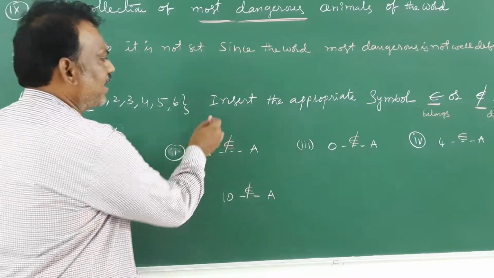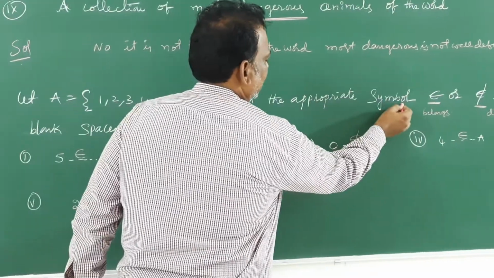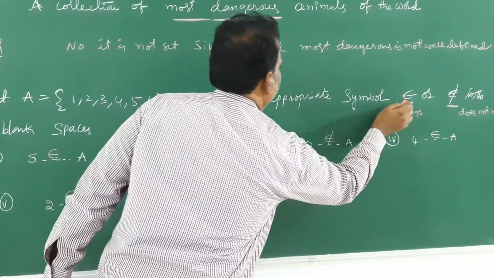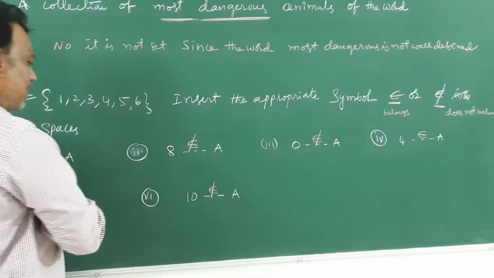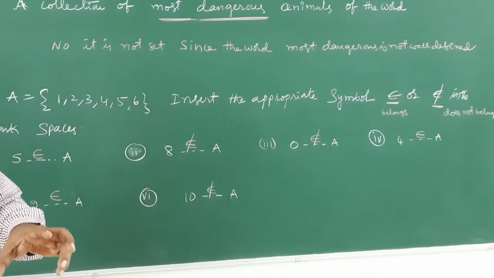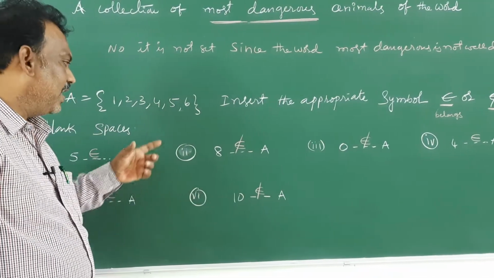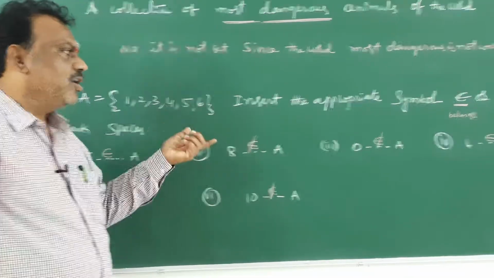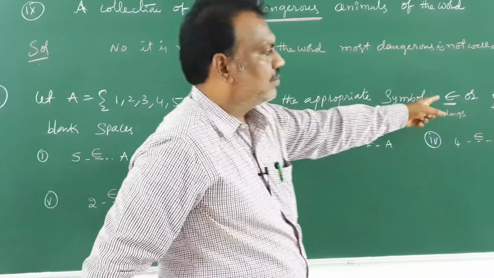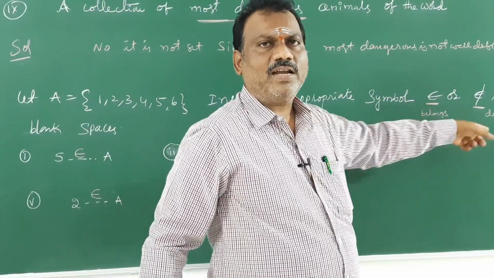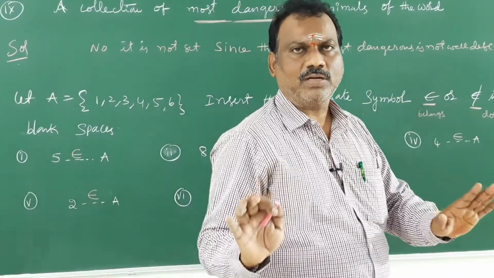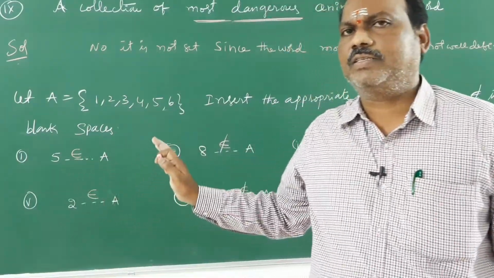They are only asking to insert the appropriate symbol. Whichever symbol is suitable here, that symbol we have to insert. So if the given element is present in this set, you have to use belongs to. If the given element is not present, it is does not belong to. Clear students? That is the second Roman.